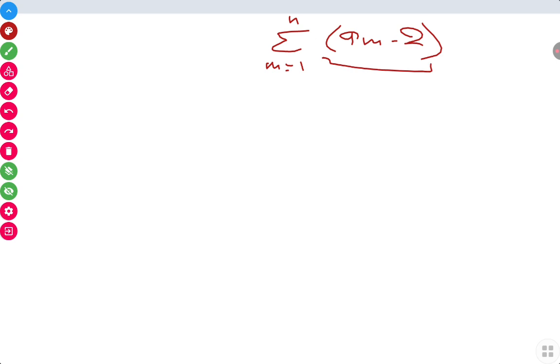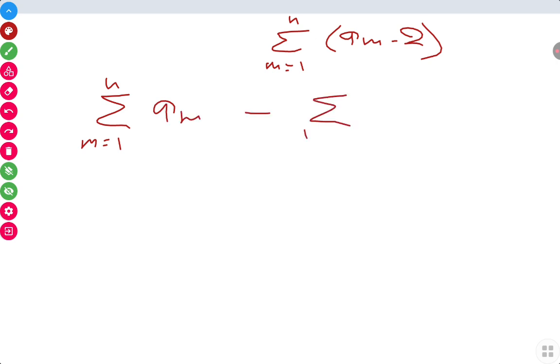Okay, whenever you have an equation, you separate it into sigma of 9m minus sigma of 2.